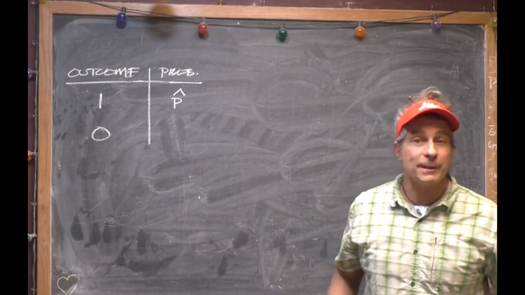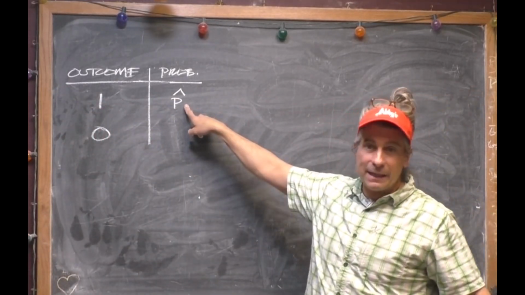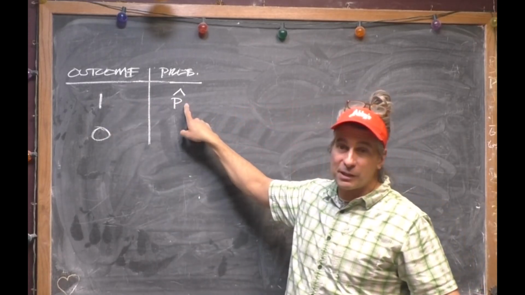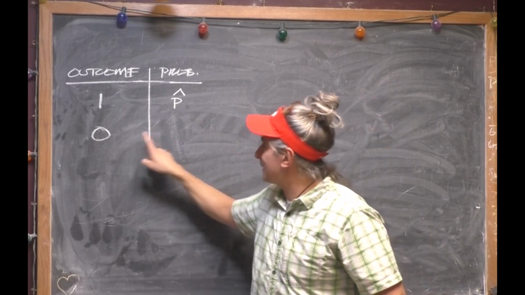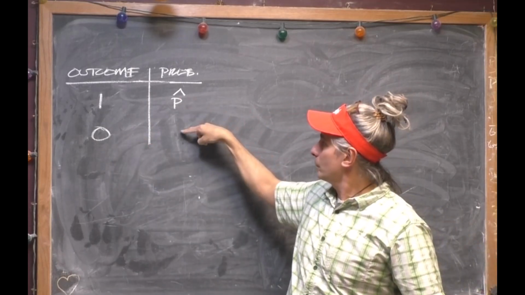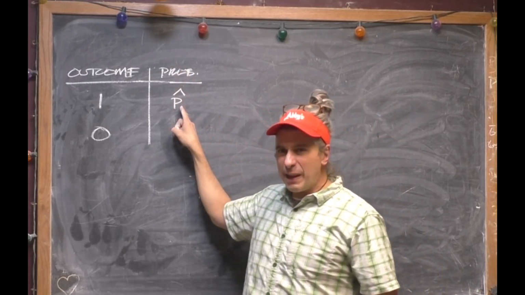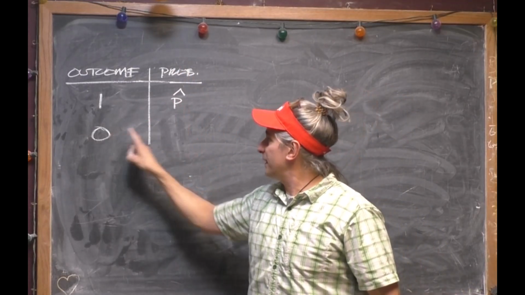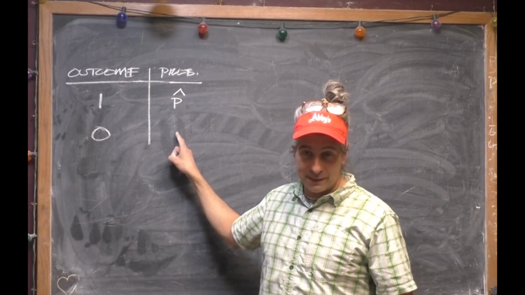Let's throw some numbers in. Let's say p hat is 0.5. That means this thing happens 50% of the time. Well, that means it doesn't happen 50% of the time. That makes perfect sense. Let's say p hat is something like 75% of the time. Well, that means this thing here has to be 25% of the time.